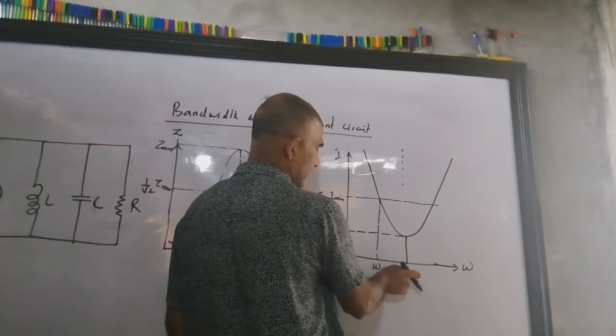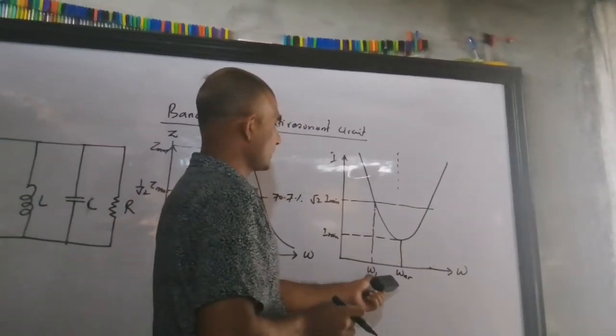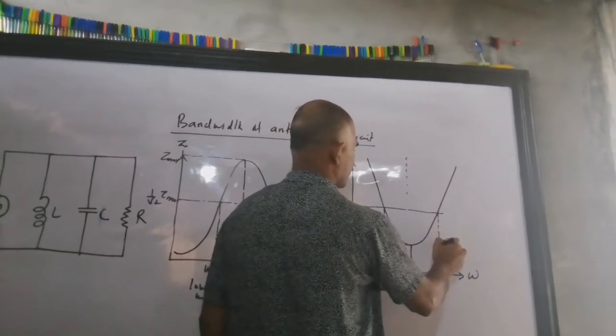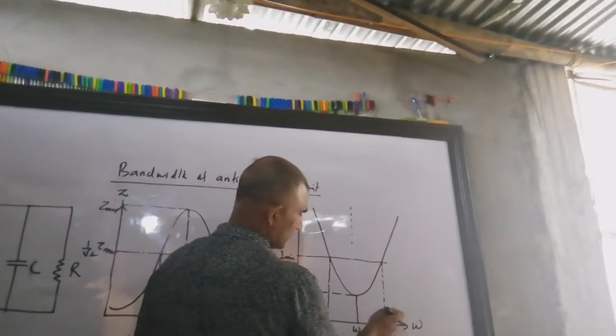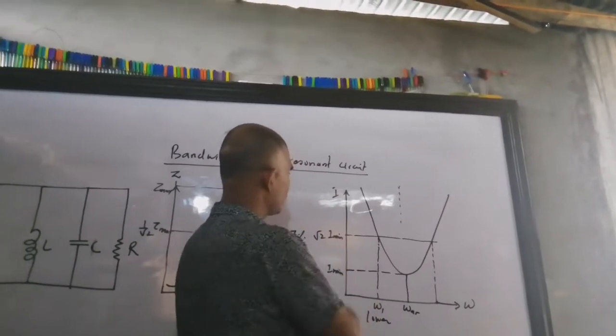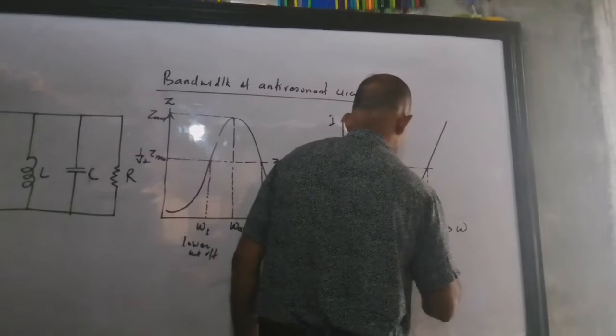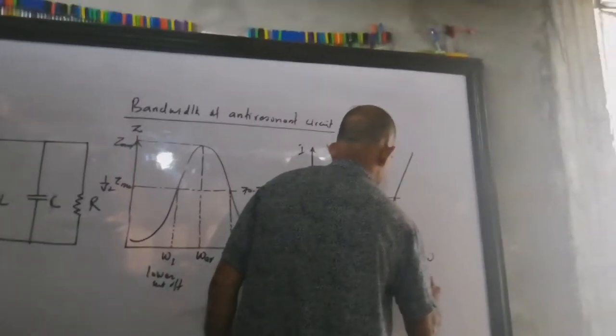If this frequency is less than the anti-resonant frequency, then this becomes the lower cutoff. And if that frequency is more than the anti-resonant frequency, where current becomes root 2 times the minimum current, we call that the upper cutoff. So this is our upper cutoff.